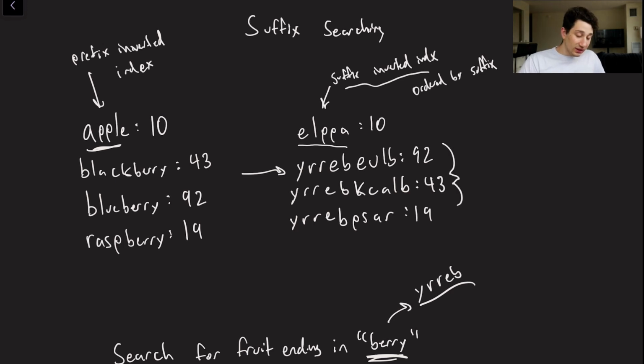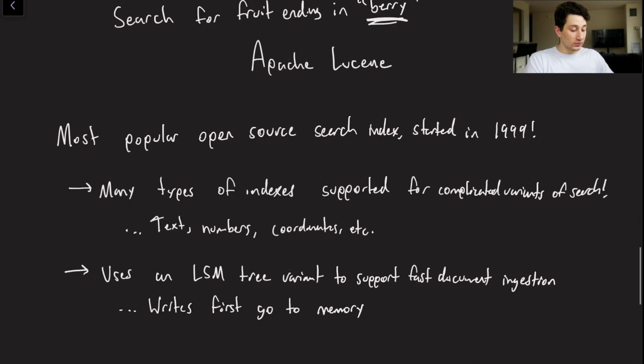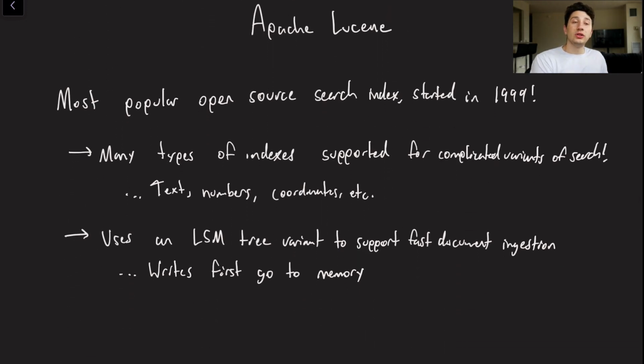And so this allows us to search for terms that end with a certain suffix. So we get 92, 43, 19, and then we could join those on our SQL database, or we could even keep the entire record in our index itself if we want to lower our latency at the cost of storing more data.